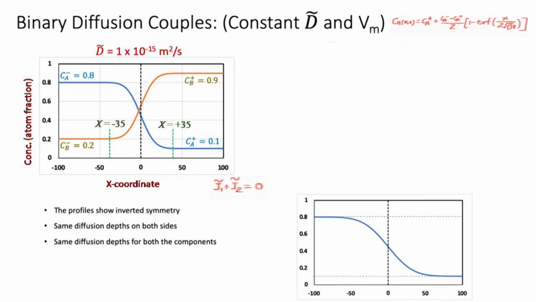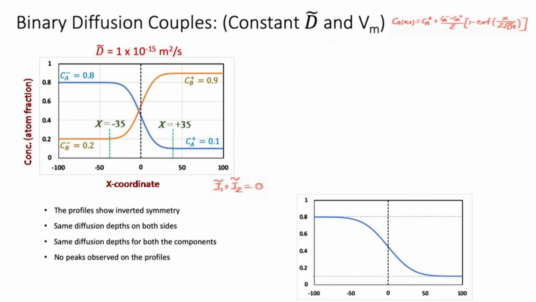From this equation it should be clear that whenever the flux of a particular component goes to 0 in a particular terminal alloy, the flux of the other component should also go to 0. So, both the components should show the same diffusion depths.